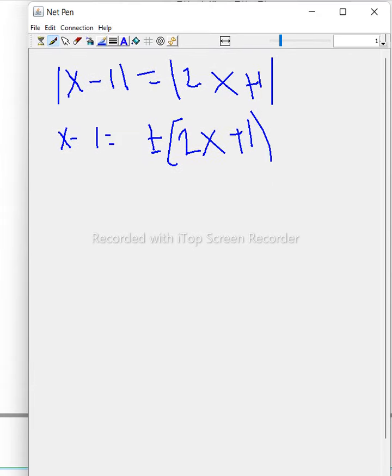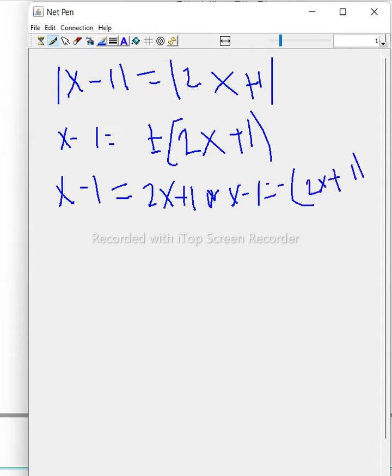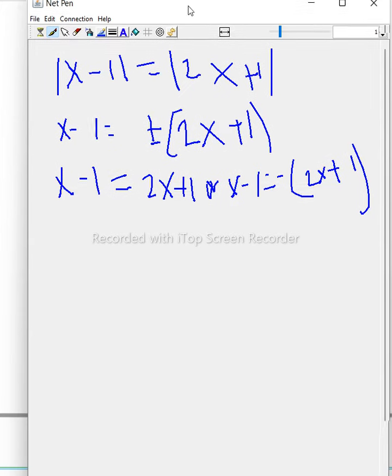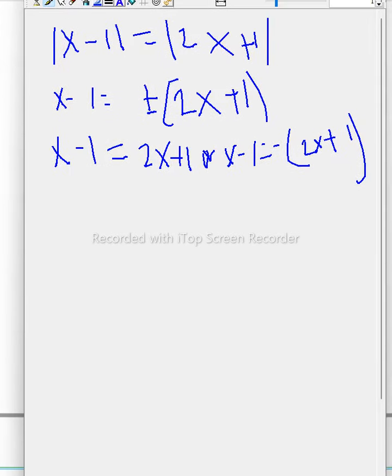So as we said, x minus 1 is equal to, let us do with plus, positive, or another equation: x minus 1 is equal to minus, under the bracket, 2x plus 1. So here we have two equations. We also have two answers for this equation.